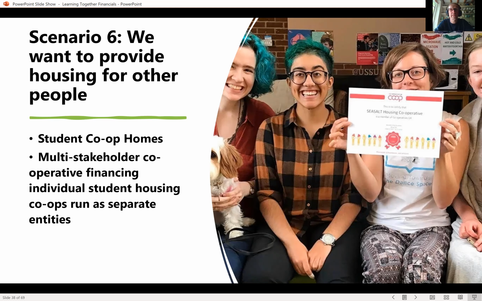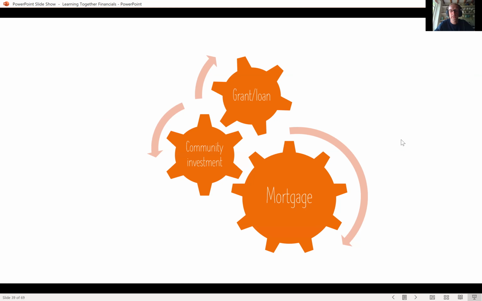And it can sometimes be because their particular legal form, in this case multi-stakeholder cooperative, can access funds that a smaller housing co-op couldn't. So in this model, the parent organisation gets the funding together and then buys a property and then leases it to a single housing co-op.